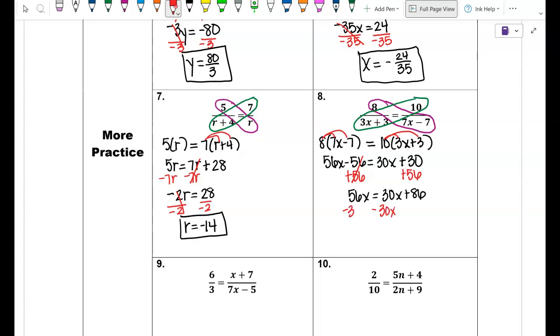Subtract 30x from both sides. 26x equals 86. Divide both sides by 26. So x equals 86 over 26. But I know this can be reduced because they are both even, so I can reduce them both by 2 to get x equals 43 over 13.